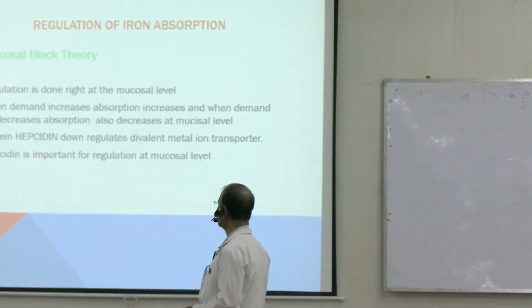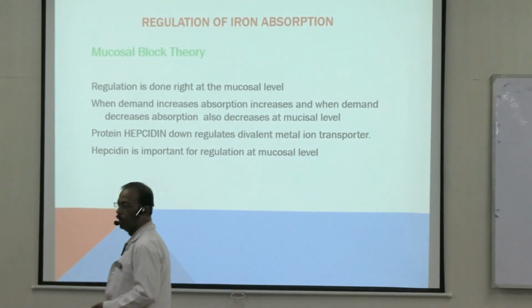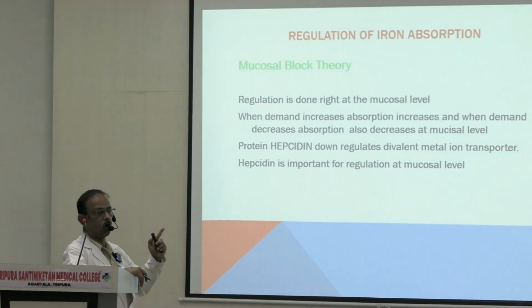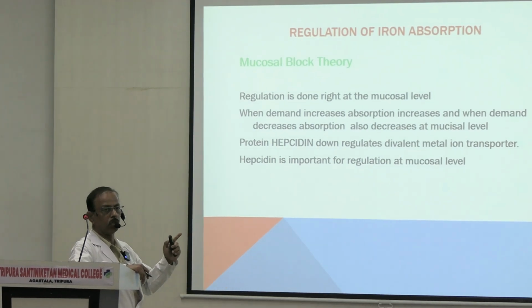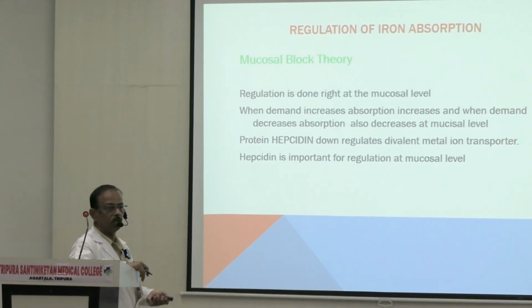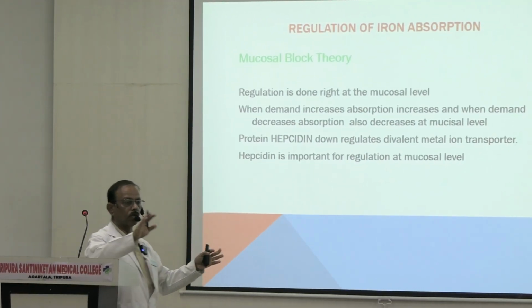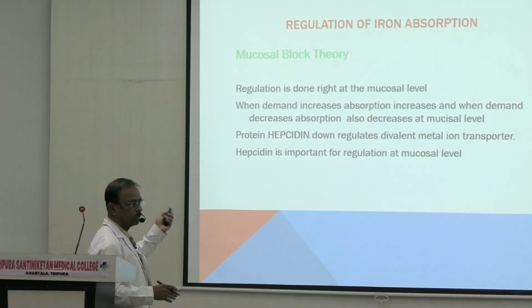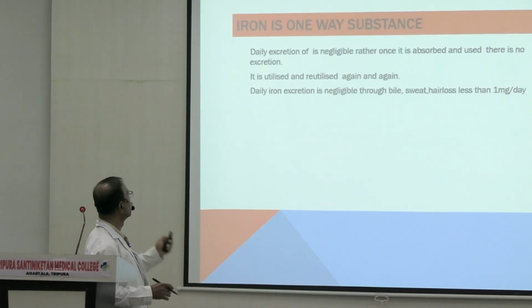Hepcidin is most important for regulation at the mucosal level. When iron is not required anymore, hepcidin is secreted, so the gate in the enterocyte is closed. Divalent metal transporter is closed. This is the mucosal block theory.